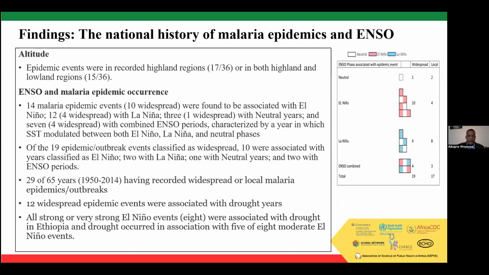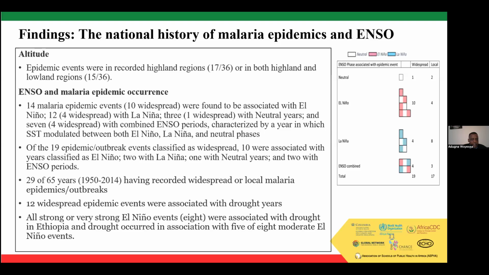But in our exploratory assessment, what we have seen is that most of the epidemics occurred in widespread areas, as I've already mentioned, and 29 of 65 years have recorded widespread or local malaria epidemics or outbreaks. 12 widespread epidemic events were associated with drought years.